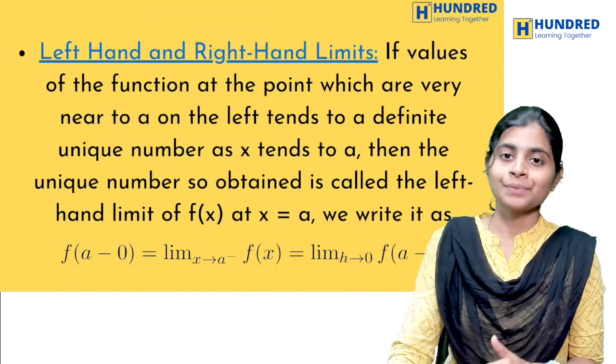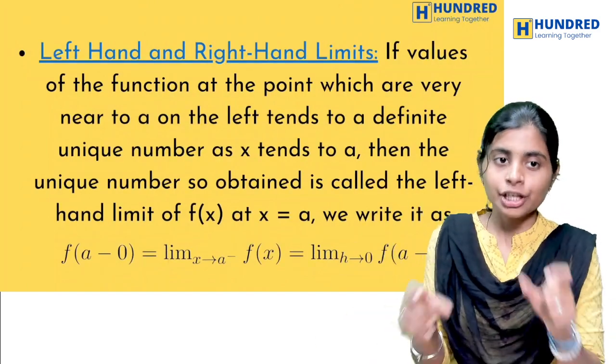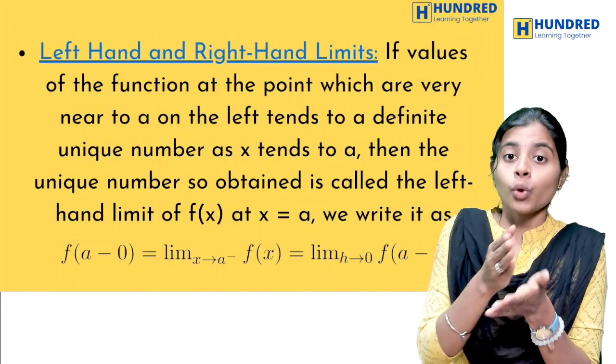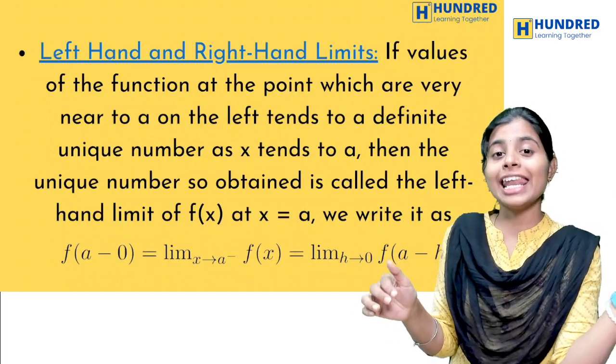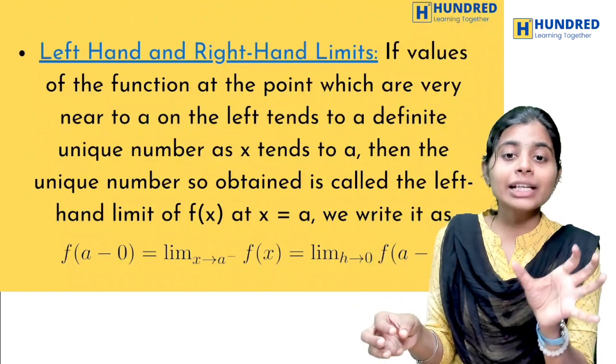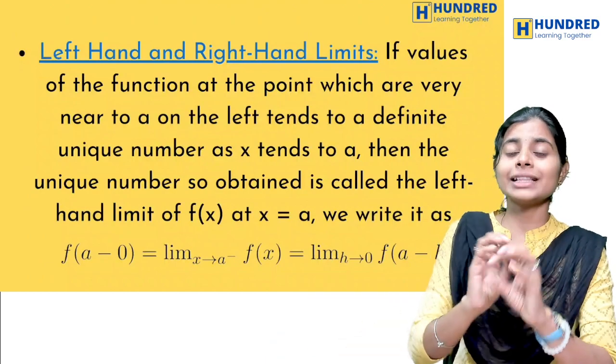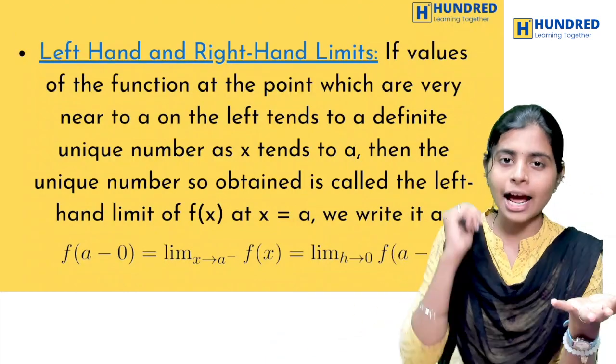Okay, so now there are two cases, that is left hand limit and right hand limit. If the value of the function at points very near to a on the left tends to a definite unique number as x tends to a, then that unique number is called the left hand limit. Similarly for the right hand limit.